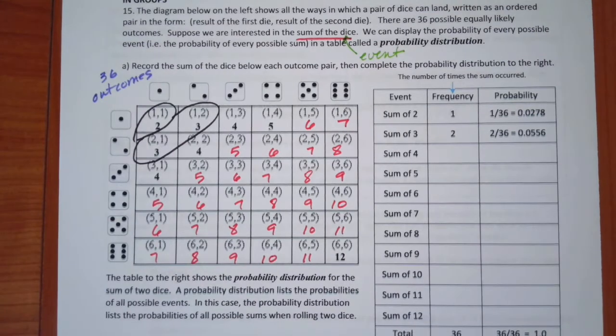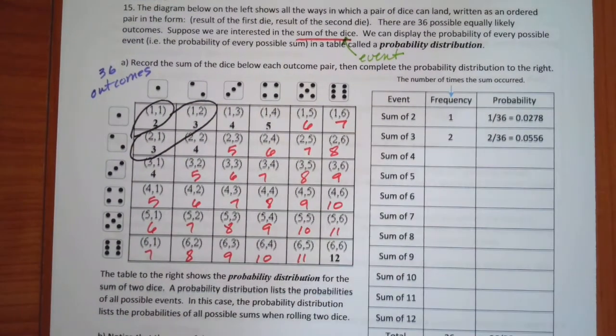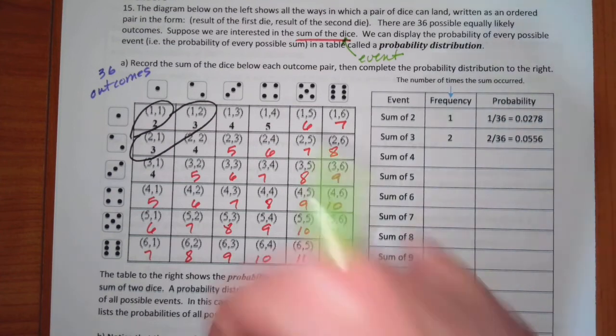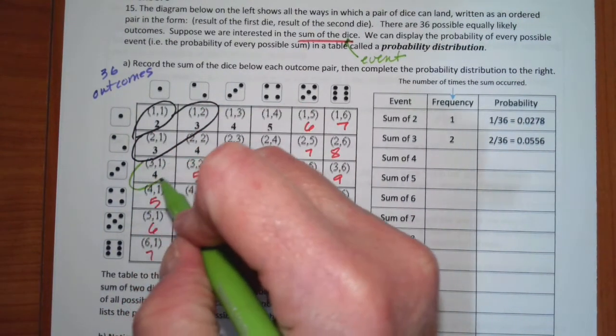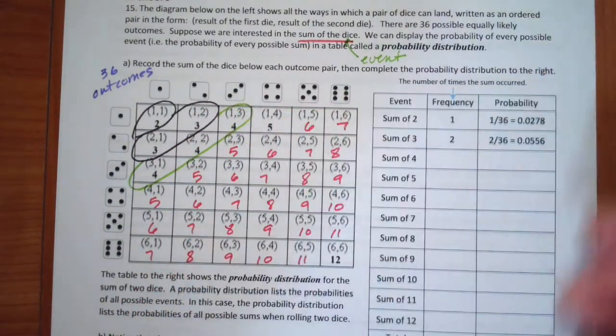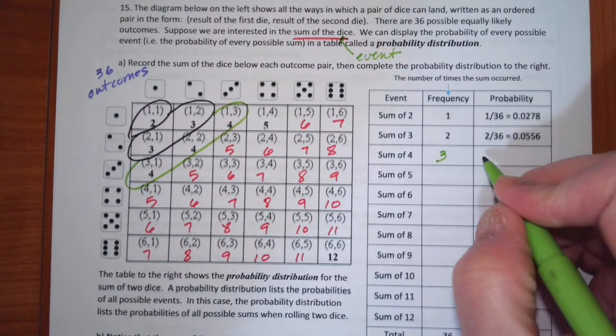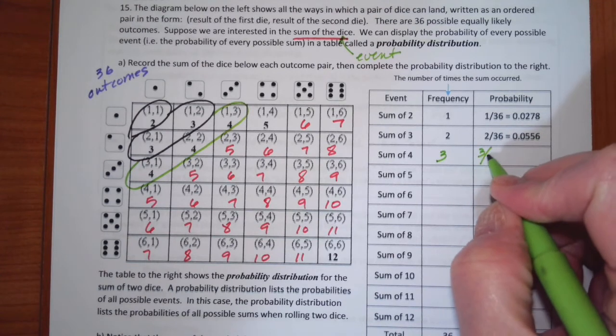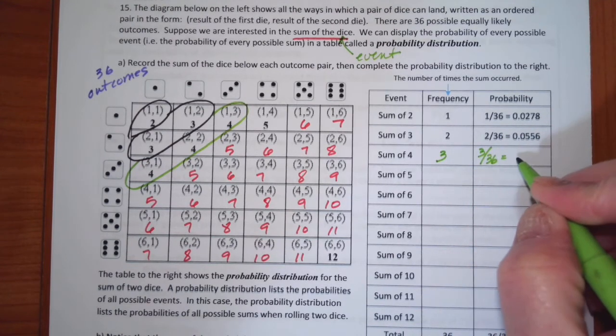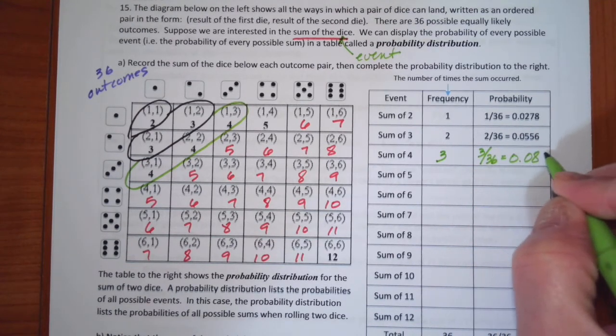Now for the sum of 4, there are 3 ways that you can do this. So your probability is going to be 3 out of 36, which is 0.083.